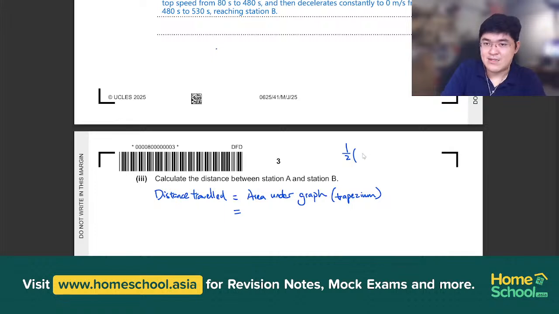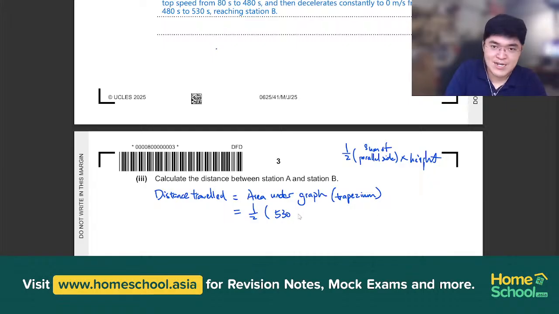So half times the sum of the parallel sides, and multiply by the height. All right. So area under graph should be equal to half times the sum of parallel sides, which is 530, the lower part, plus 400, the upper part.